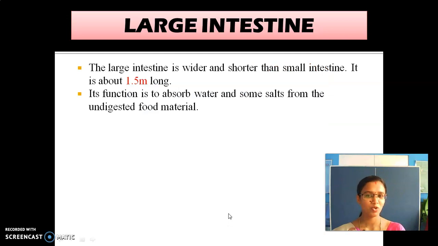Yes. So what is the length of that large intestine? It is 1.5 meters long. Good. So what happens? That large intestine also tries to absorb some water and minerals which are present in the food. Water and some salts which are present there are absorbed, and the remaining undigested food is sent out.